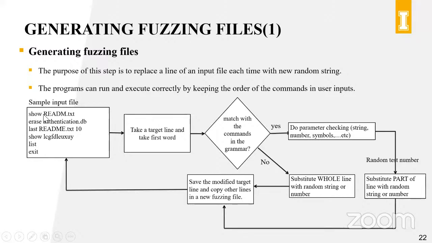Like if we have changed the first line, we keep the lines after it as they are without any change. If there is no match, we are going to substitute the whole line with a random string or a number with different length, and then we save the line, move to the second line, and do the same process again.